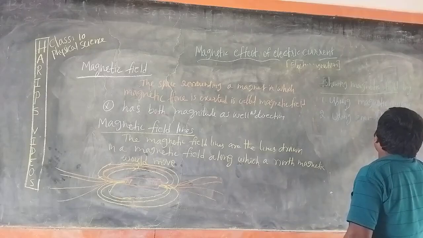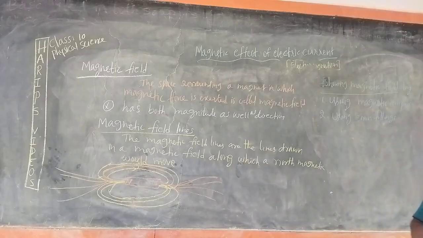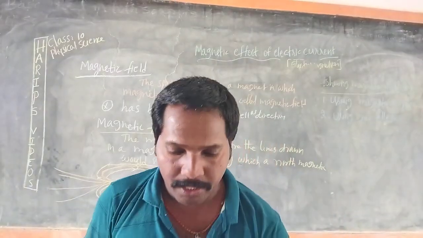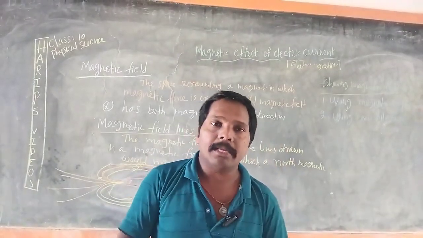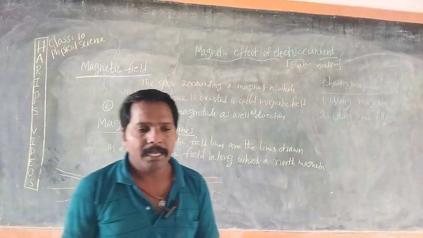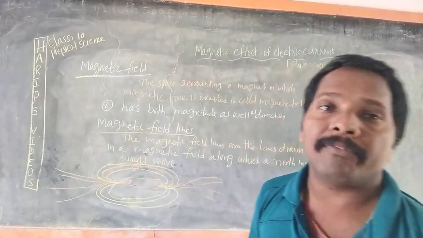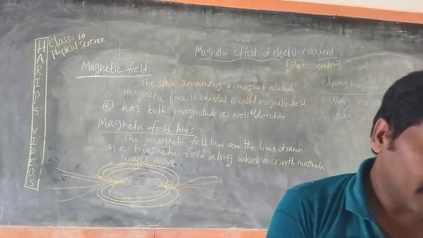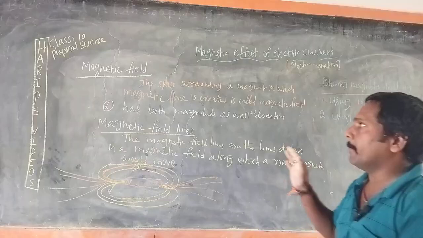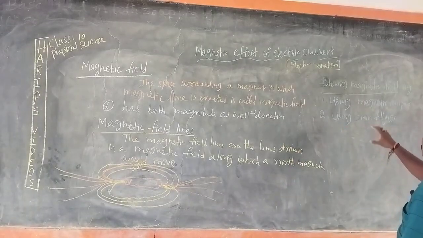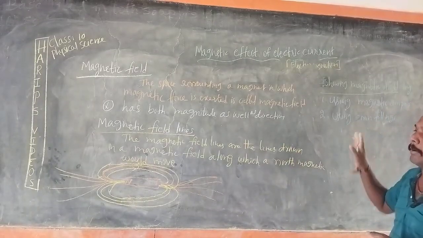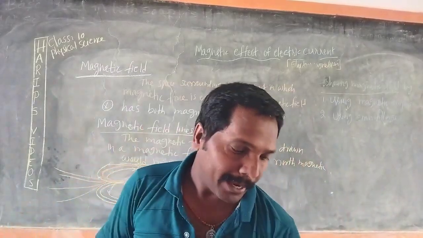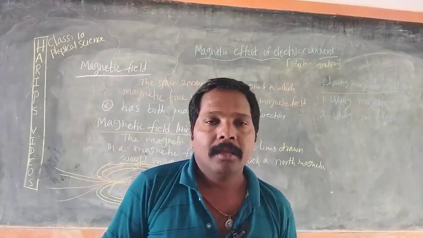By using iron filings and by using a magnetic compass, we can show or represent the magnetic field. In what way do we have to show the magnetic field? By using a magnetic compass and by using iron filings. So, in the case of a bar magnet.